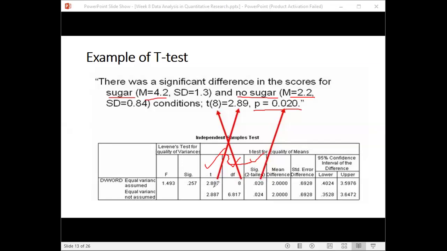Now, if we take the T statistic here, 2.887, then this also gives us 2.887. Now, the rule of thumb for every T statistic is that if the T statistic is greater than 2, we say that we reject the null hypothesis.